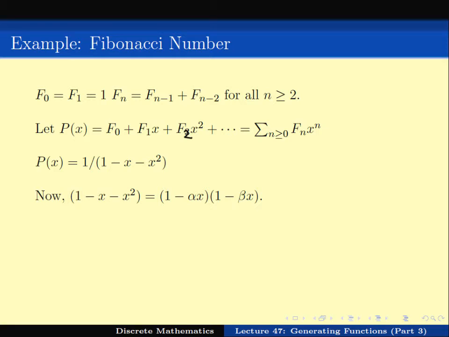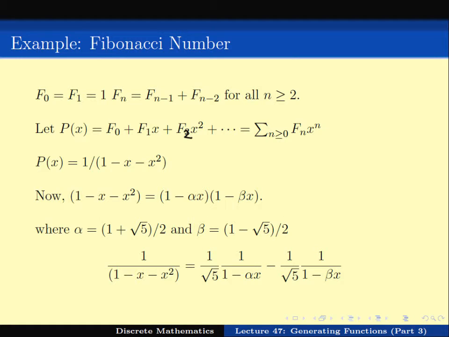So note that 1 minus x minus x squared is nothing but (1 minus alpha x) times (1 minus beta x). I can factorize it like we do, where alpha equals (1 plus square root 5) by 2, beta equals (1 minus square root 5) by 2.